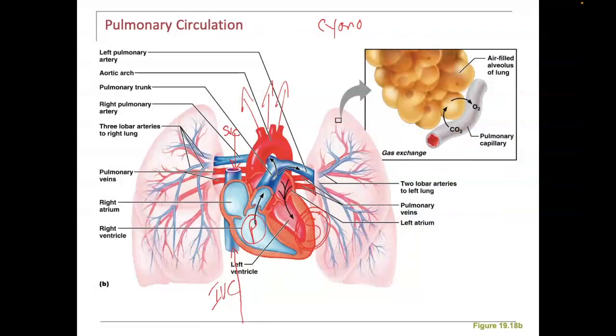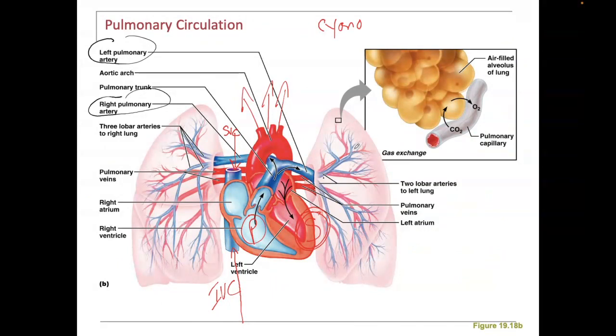Here's the pulmonary trunk. Here's the left pulmonary artery. Here's the right pulmonary artery. They're blue. These arteries are blue. Why are they blue? Because they're carrying deoxygenated blood. And then it brings that deoxygenated blood into the lungs.